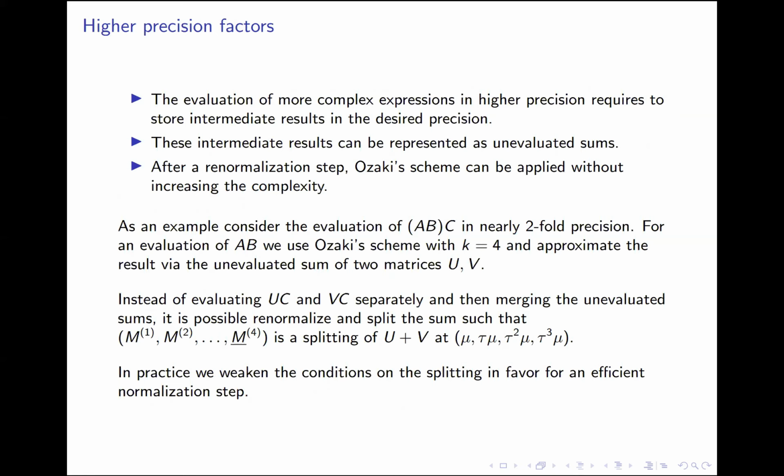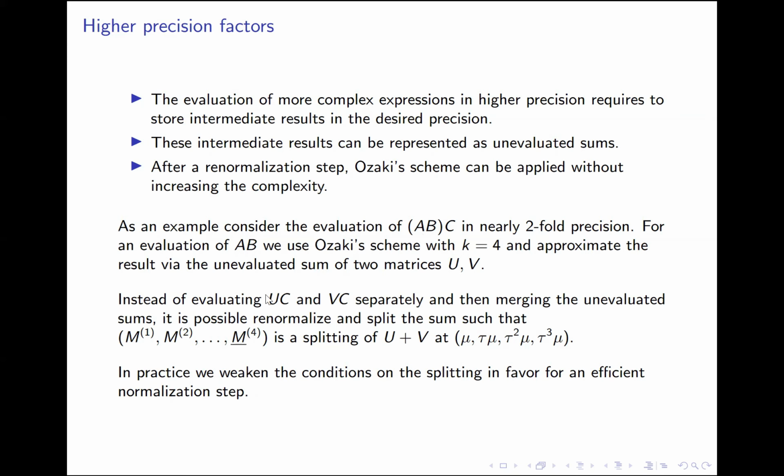As a very small example, and I will skip over this and come to the more interesting part on the next slide: if we have A times B times C, for instance, and want to evaluate it in twofold precision, then we could apply the Ozaki scheme to the first product, A times B, and produce an output, an unevaluated sum U plus V, which is a twofold precision of this product.